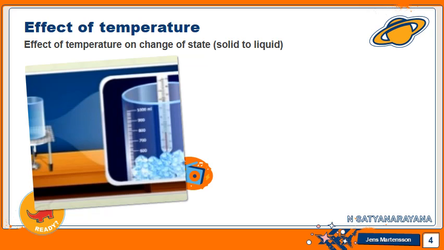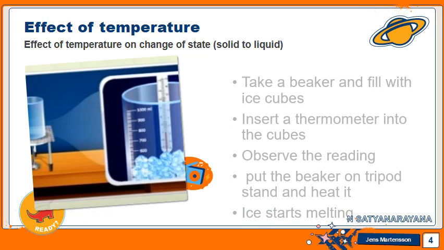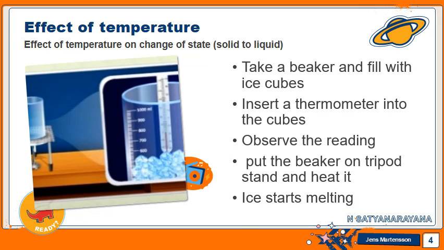First of all, we will see that when you heat ice, a solid, it converts to liquid water, isn't it? So for that, we will take some ice cubes. What will we do for this activity? We require a beaker filled with ice cubes.